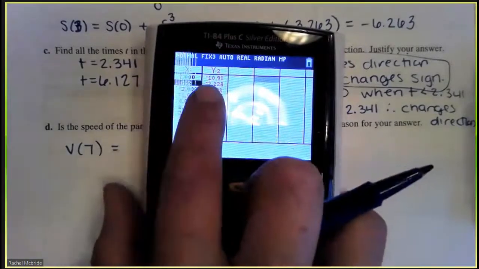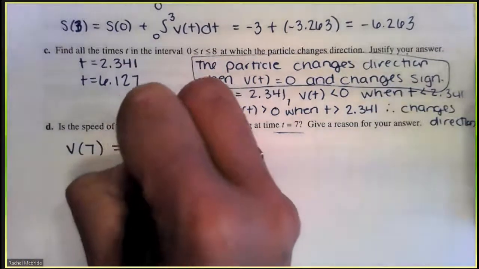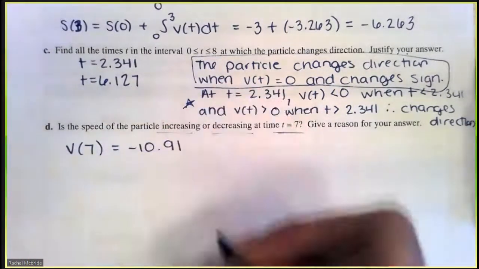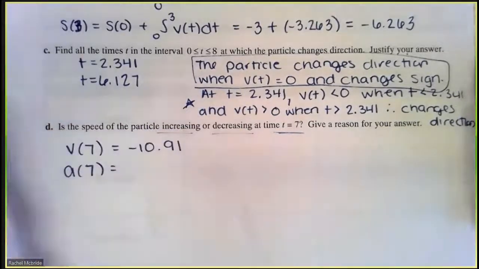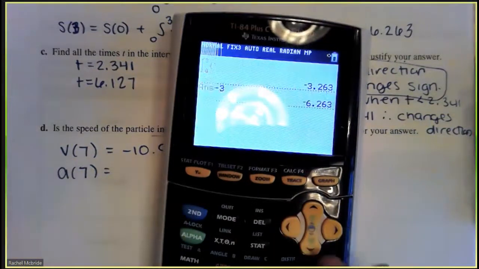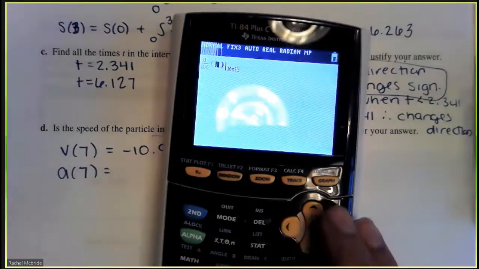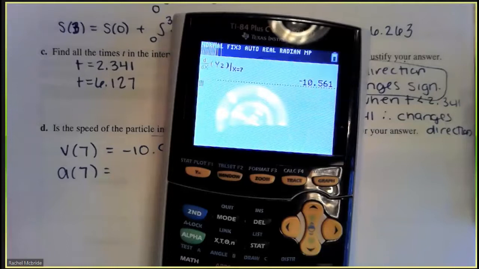And v of 7 is negative 10.91. Then I'm going to find a of 7. It's in my function, so I could go to my home screen, hit math 8 this time, and find the derivative of the function at 7.